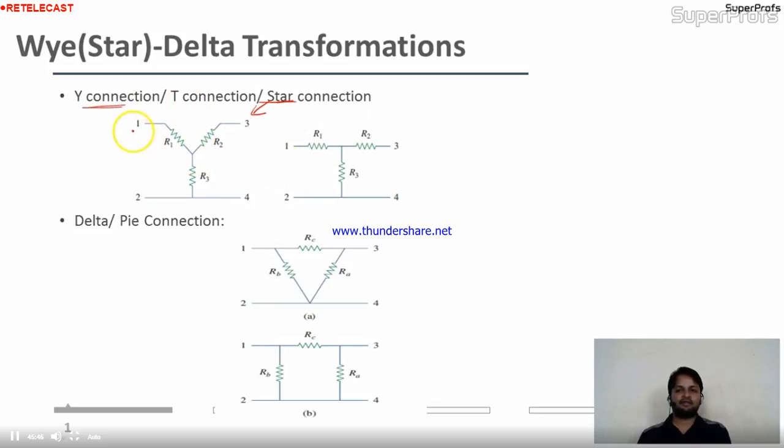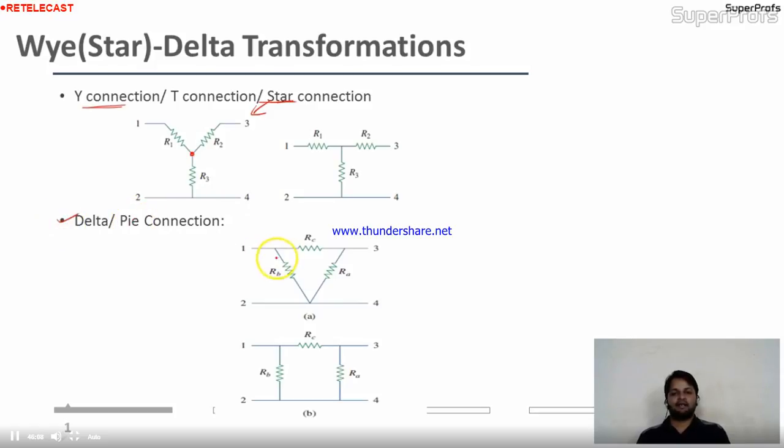Sometimes when you stretch the 1 and 3, it becomes the alphabet T, so we also call it the T connection. This is the structure: one common point for all and three different points. So I can convert this star into delta, so we should understand the delta structure also.